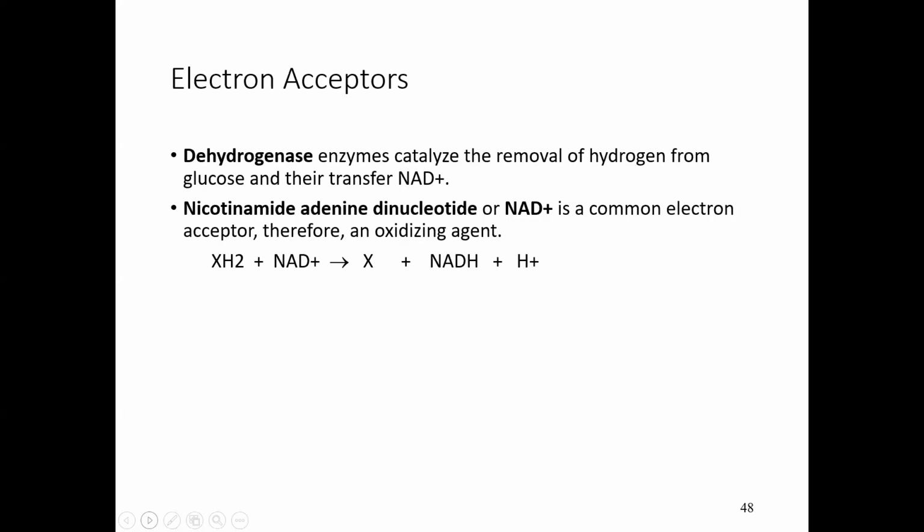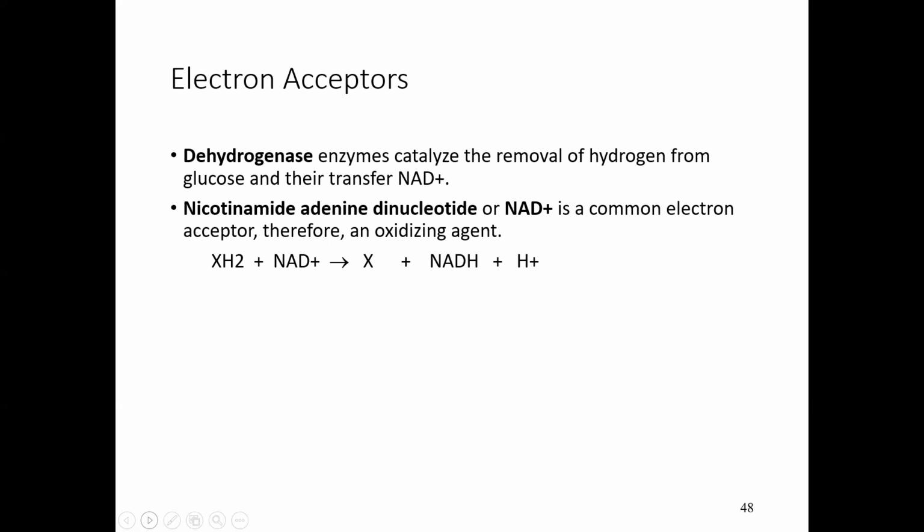Now, the enzymes that we use here to make this work are known as dehydrogenase enzymes. Remember I said hydrogenation adds hydrogens to a molecule, like adding hydrogens to an oil makes it a solid.